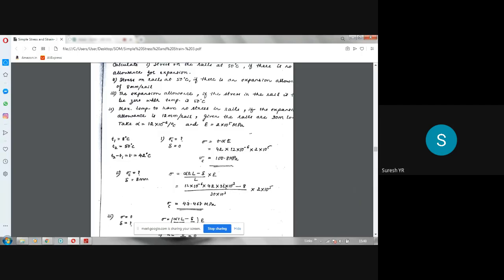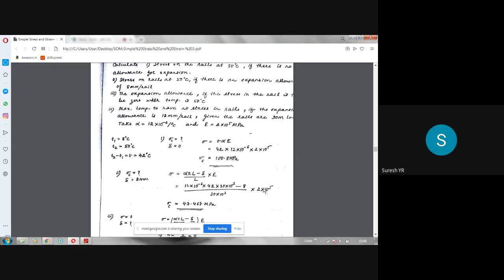Whenever you are substituting in the formula, convert meters to millimeters. So 30 into 10 power 3, 30 meters, minus 8 mm. This entire thing you have to multiply, minus 8, divided by L, which is 30 into 10 power 3 in millimeters, into E, which means 2 into 10 power 5. This is what you have to substitute.